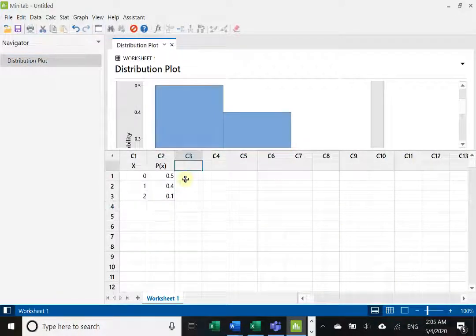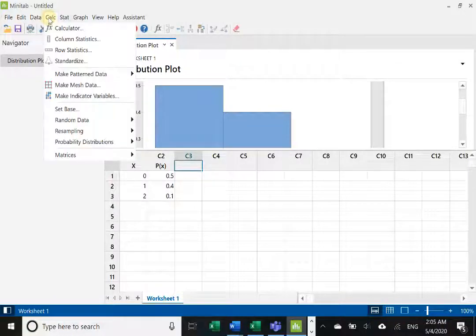Now in here, because remember we're going to calculate the mean. The mean was the sum of x times p(x). So actually we need to create a column that multiplies x by p(x), right? To do that, I want to go to calc, just to show you something.